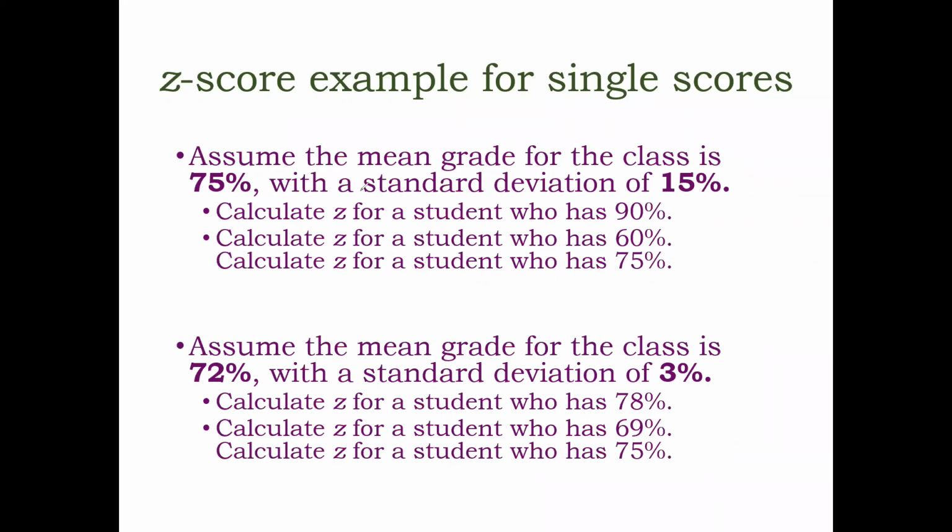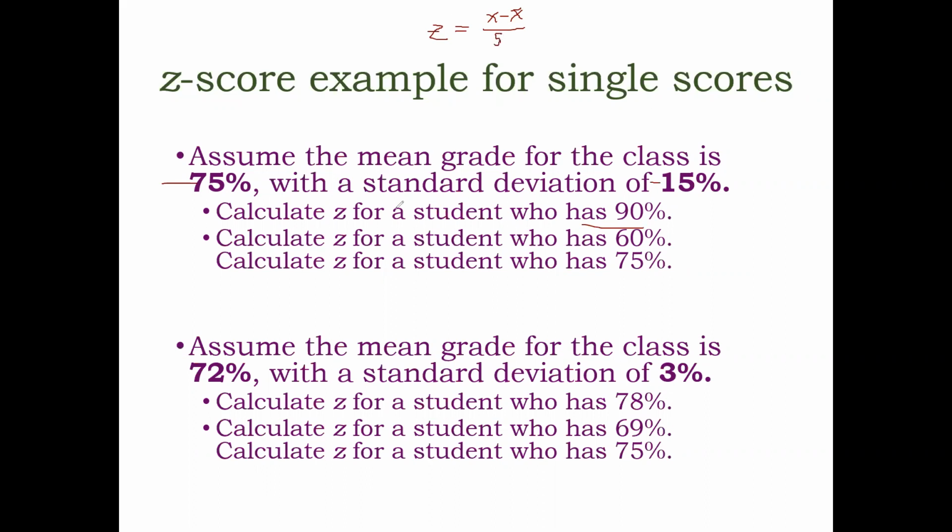So for example, calculate z for a student who has a 90% when the mean is 75 and the standard deviation is 15. So remember, a z-score is just equal to the deviation of the score, which is the score minus the mean of all the scores, divided by the standard deviation, right?